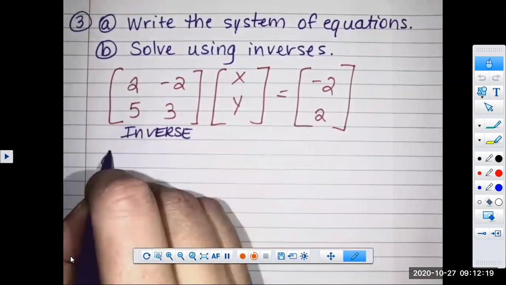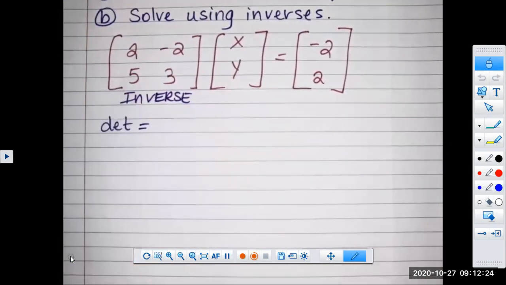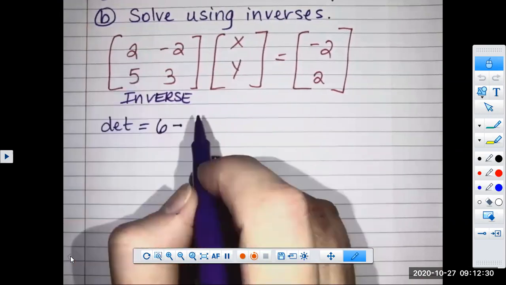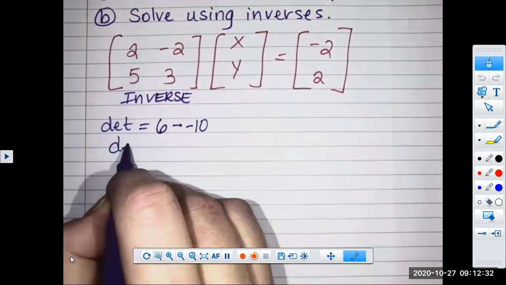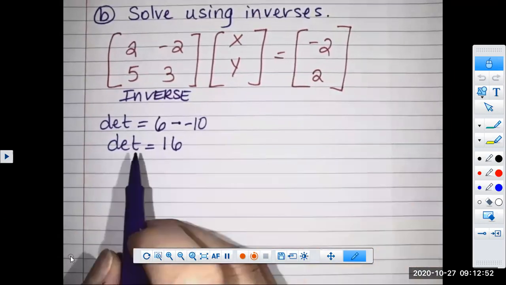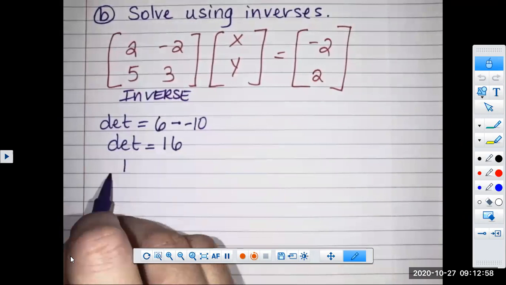Okay, let's find our determinant. What's your determinant for this 2 by 2? You have 6 minus -10, which becomes what? 16. Okay, since that's not equal to 0, which all of these should have an inverse anyway, so we have 1/16.